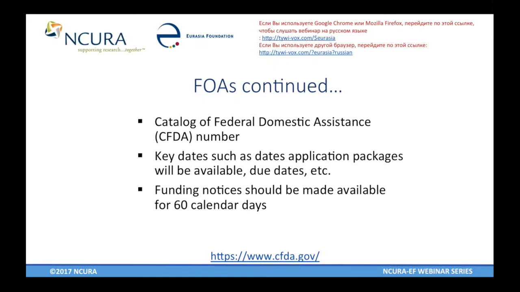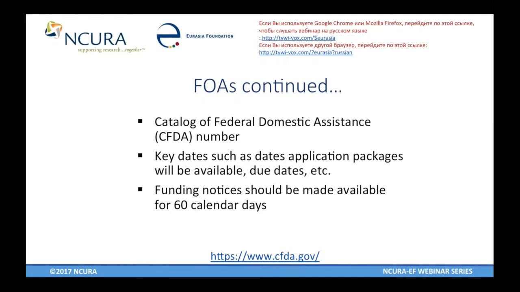A CFDA number is a 5-digit number assigned to most federal grants and cooperative agreements. The CFDA itself is a collection of federal program announcements and services that provide assistance to the American public.